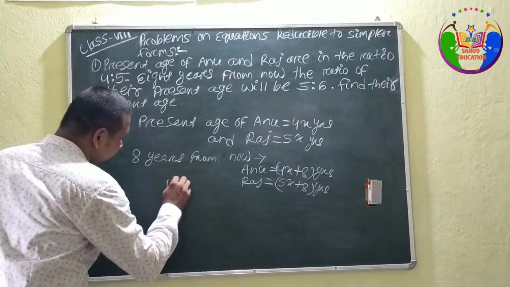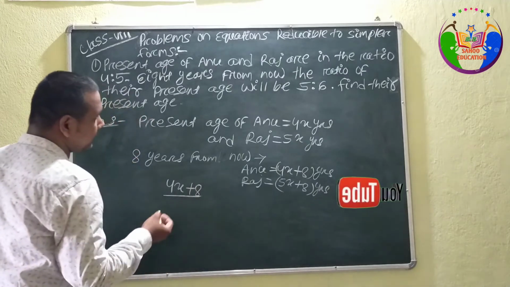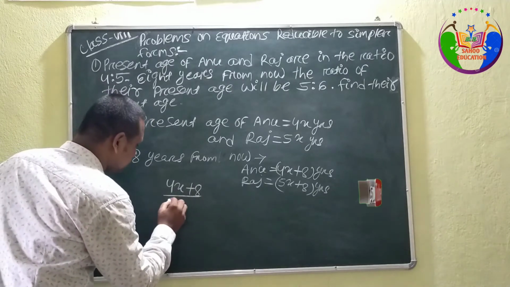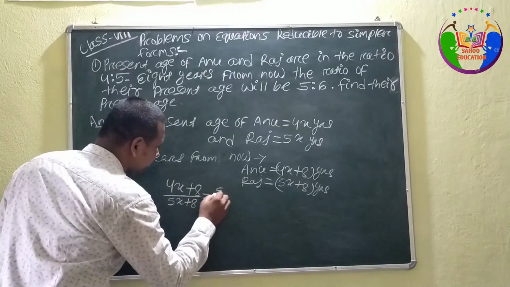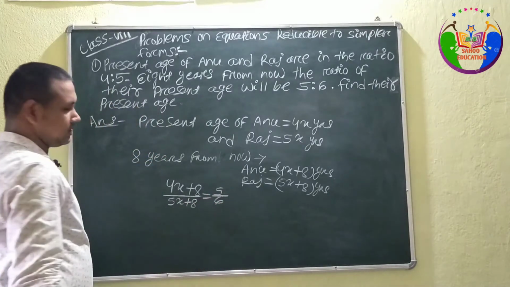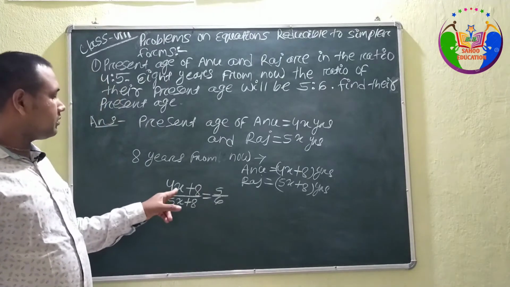So we'll write 4x plus 8 divided by 5x plus 8 as equal to 5/6.